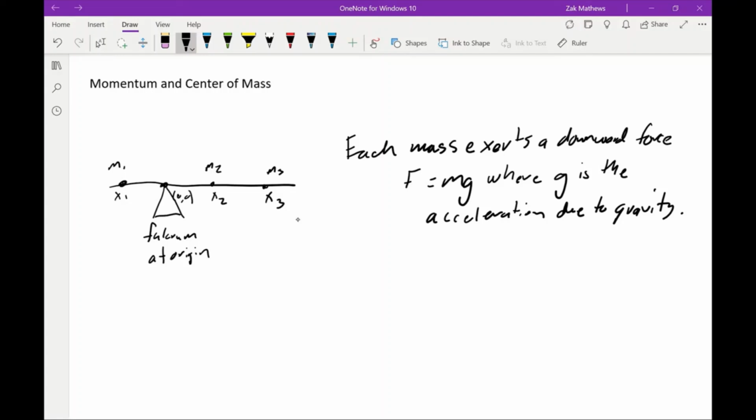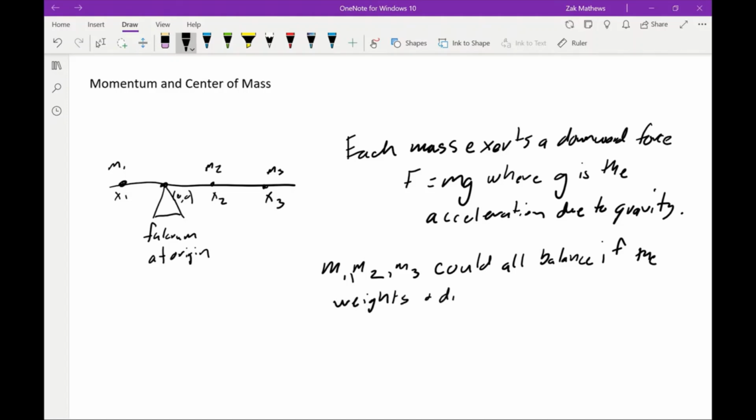So M1, M2, and M3 could all balance if the weights and distances balance. Remember what we were saying before: if we have this mass way out here, that's going to be applying a greater force on the system because of its position.